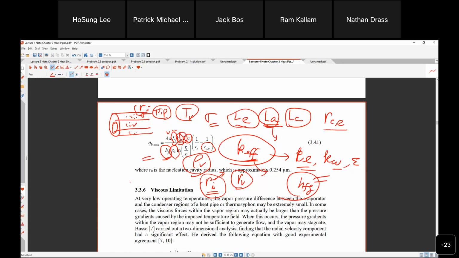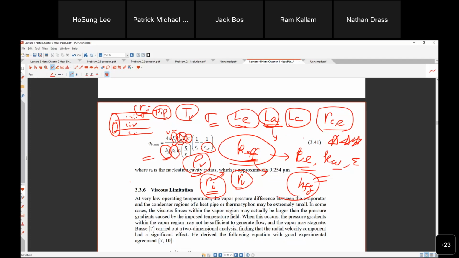What about the RCE? What's the name of it? Come on. Most important terminology. You should know that. Is that the radius of the evaporation curve? No, the name is wrong.